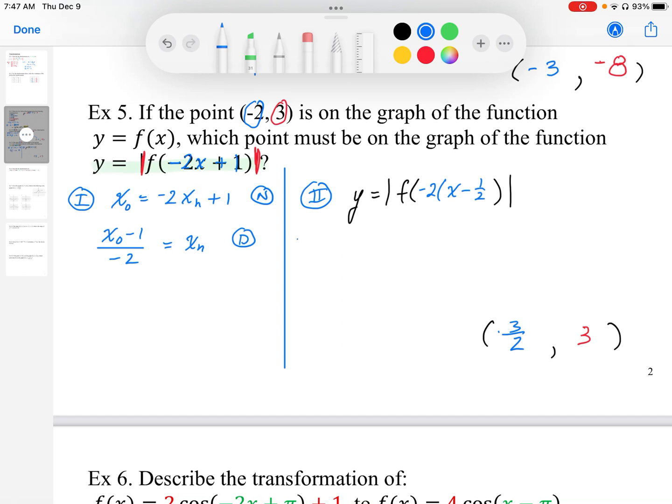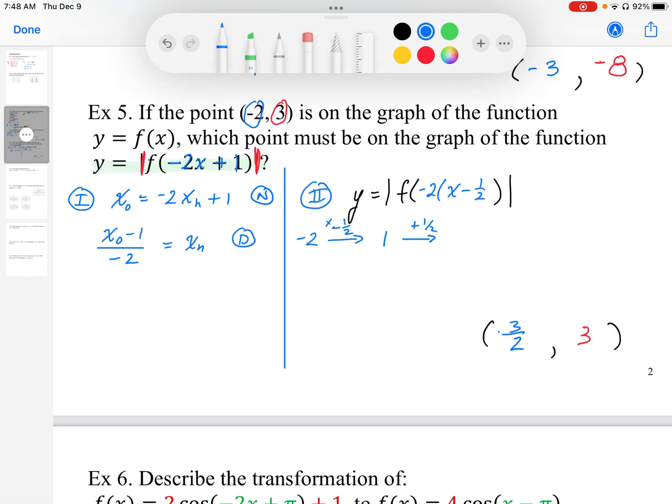Starting with my -2, the first thing I'm going to do is compress by 1/2 and flip it. So I'm going to times it by -1/2, and I'm going to end up with positive, that's going to be +1.